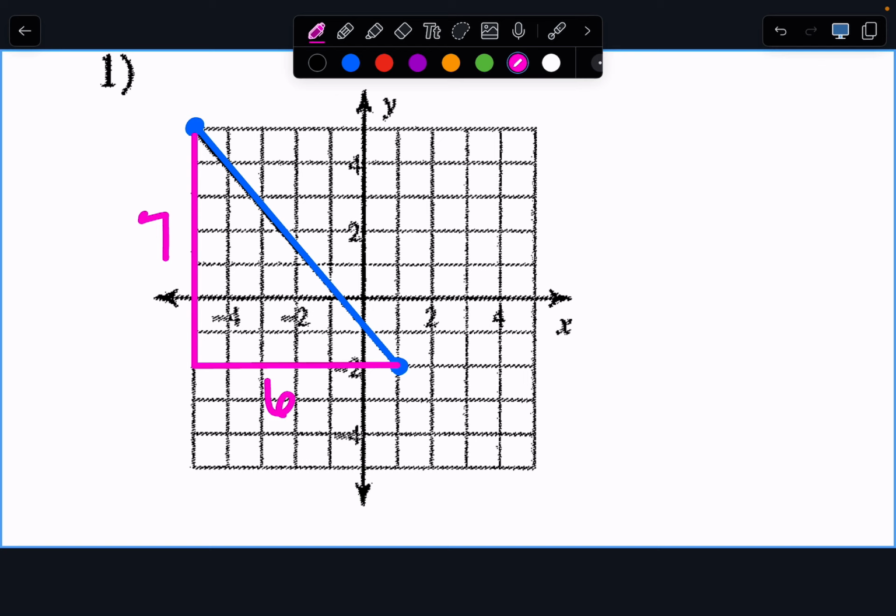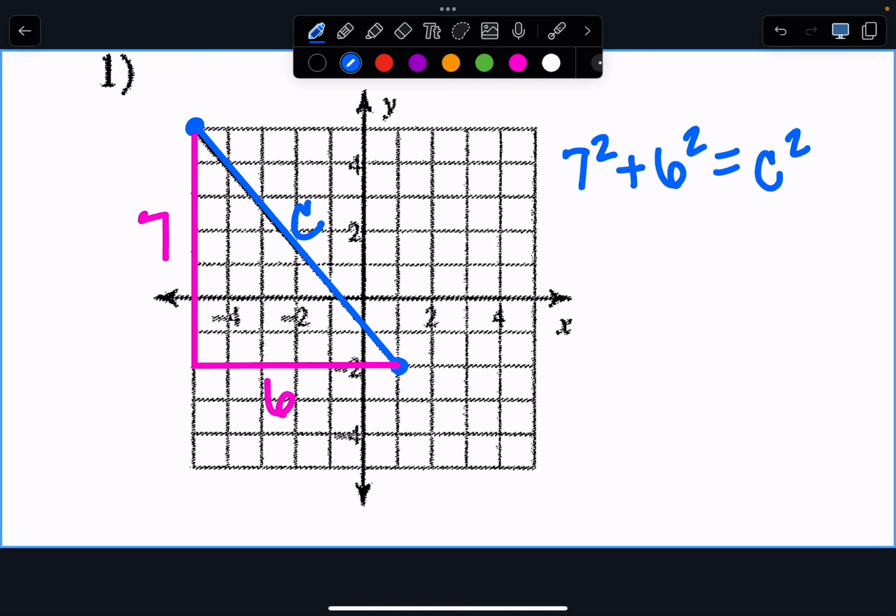So now, if I want to find C, the hypotenuse, this is a right triangle, correct? Okay. 7 squared plus 6 squared equals C squared.